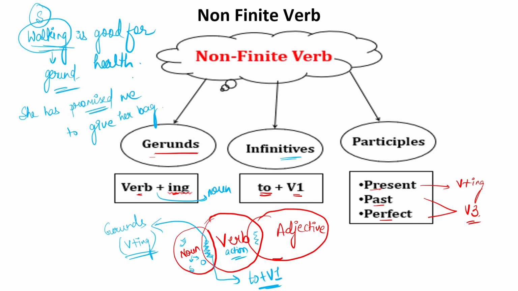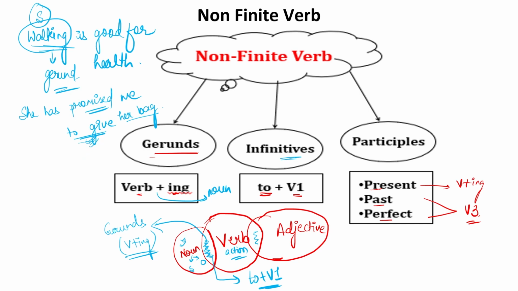So this promised is a verb because it is an action. But what did she promise? She promised to give. What has she promised to give me? Her bag. So this to give is actually playing the role of an object over here. So this is an infinitive.